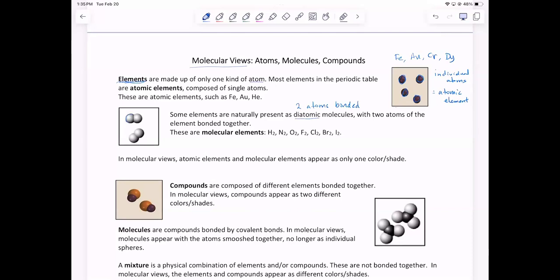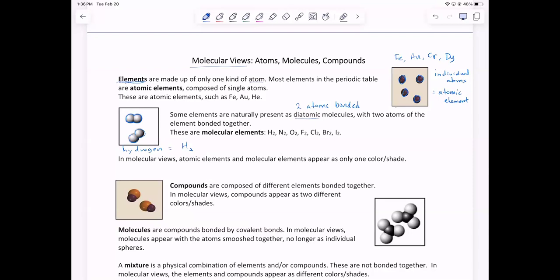These two atoms that are bonded together are both white. Typically, white is used for hydrogen atoms. They're not actually white, but it's used in molecular views to always symbolize hydrogen. So this is hydrogen, which is H2. It's always two atoms bonded, and those two atoms are the same color.